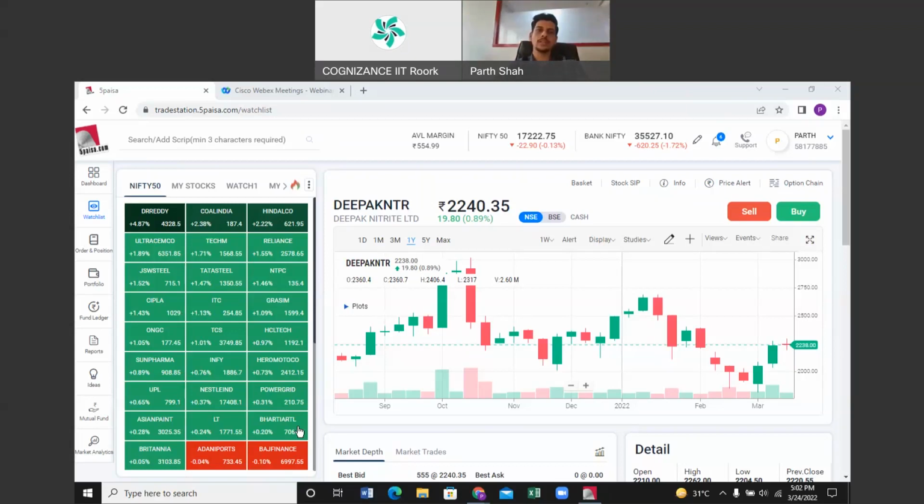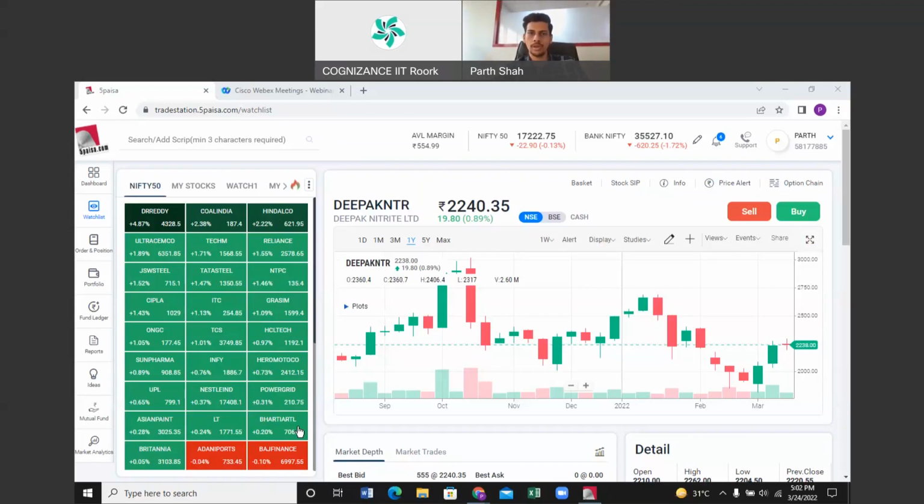Then you can make the decision with respect to the constituents of that particular index. Similarly, for top 50 blue chip stocks, you can refer to Nifty 50. For pharmaceutical stocks, you can refer to Nifty Pharma. There are multiple such indices which you can refer to.